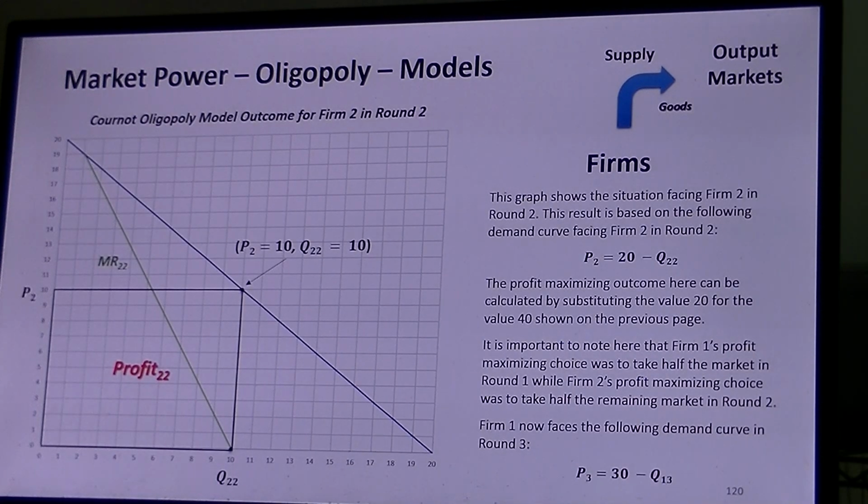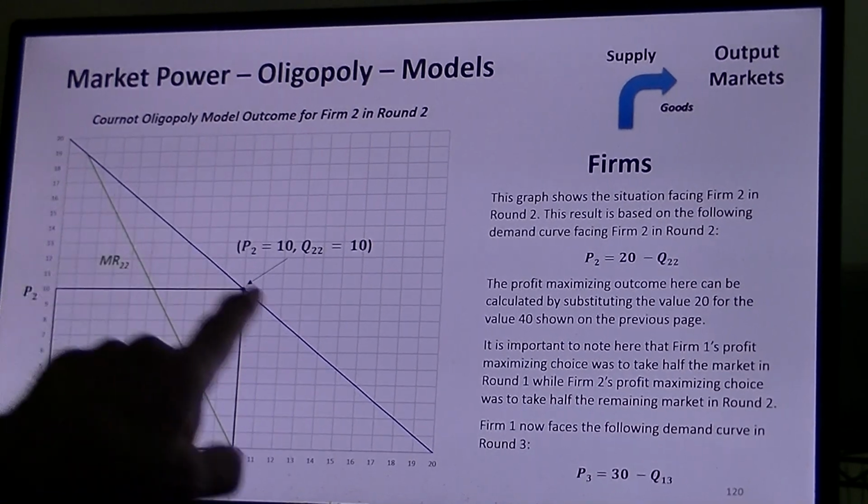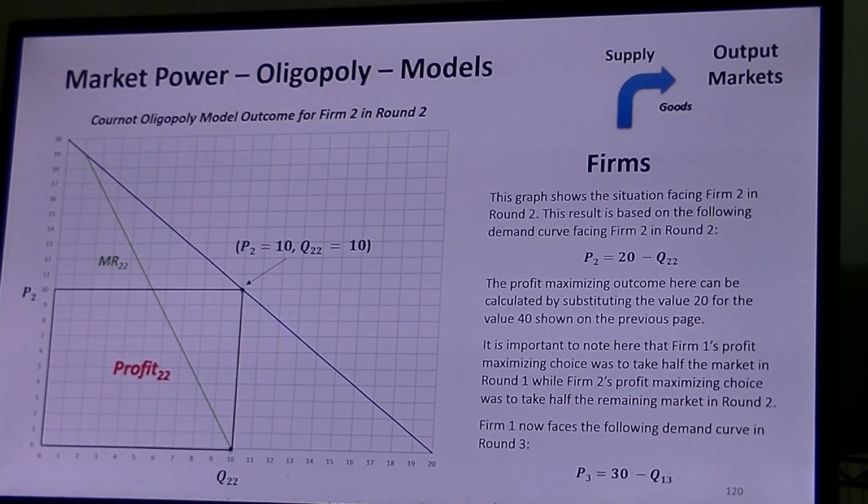So now firm 2 enters the market. Now firm 2, as we had with the natural monopoly model, has a different situation. Firm 2 only has the remaining demand curve, in the same way as we had in the natural monopoly game.